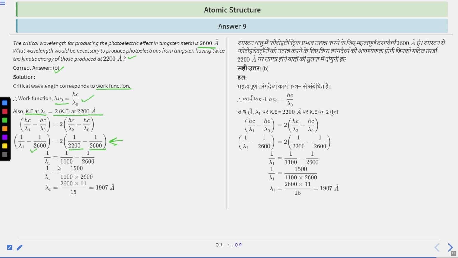It is 1 upon lambda 1 equals 1 upon 1100 minus 1 upon 2600, and on taking LCM, we have 1 upon lambda 1 equal to 1500 divided by 1100 into 2600. So lambda 1 is equal to 2600 into 11 divided by 15, and it is coming out as 1907 angstrom. And thus our correct option is option number B. Okay, thank you.